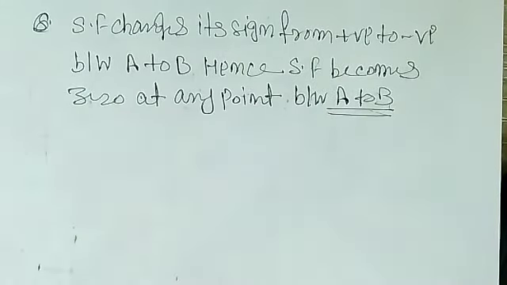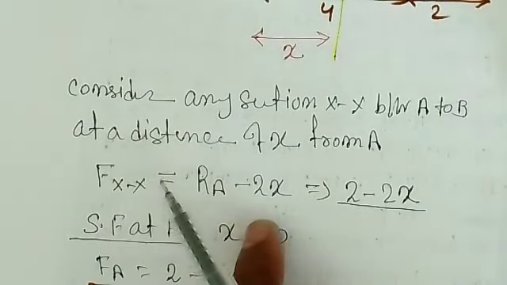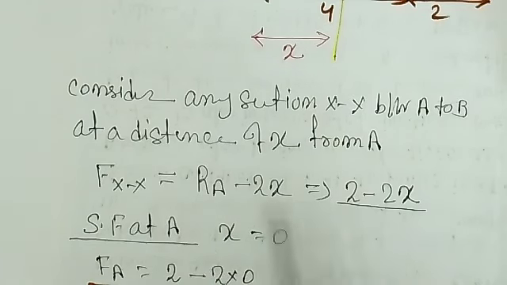So you already generated the relation for shear force between A to B, that is RA minus 2x, means 2 minus 2x. This is the shear force at x, and this x is lying between A to B, which means if I put this shear force value as 0, we'll get this position.